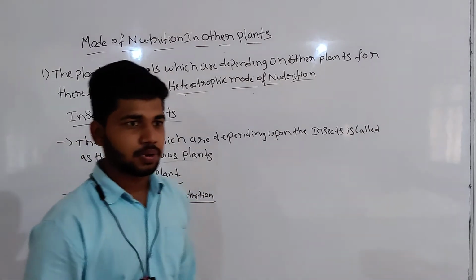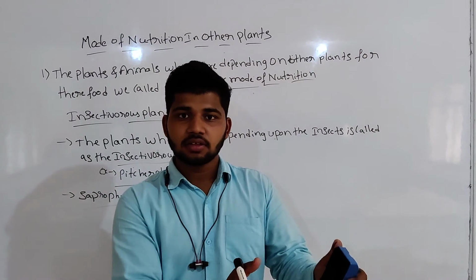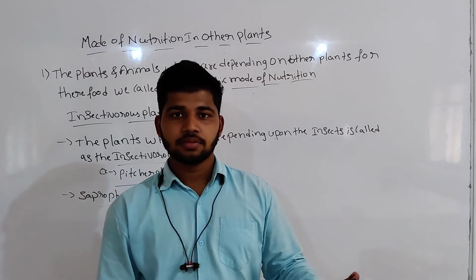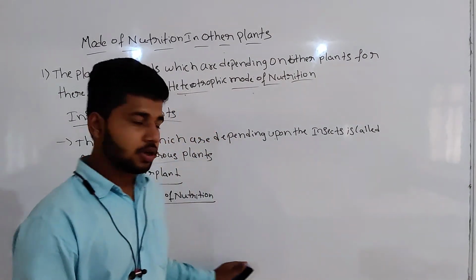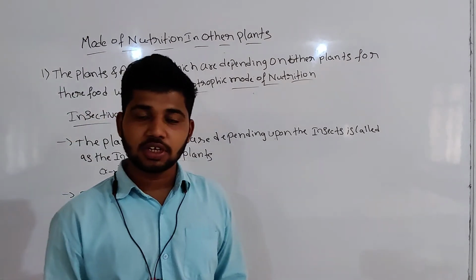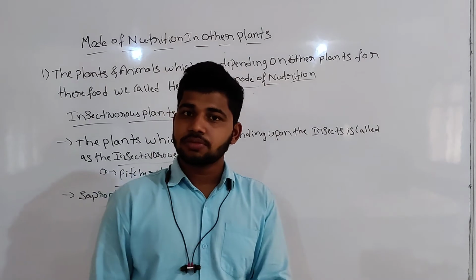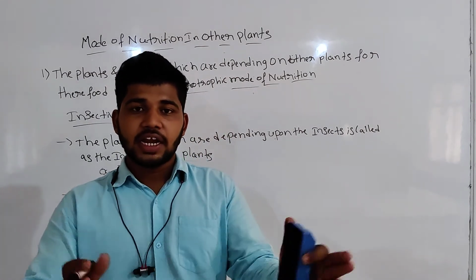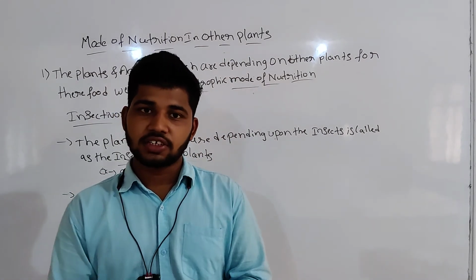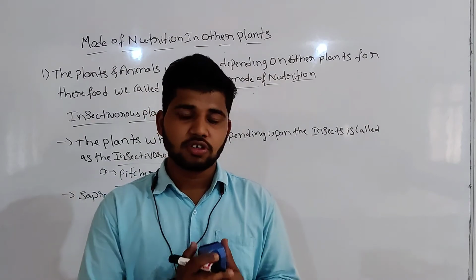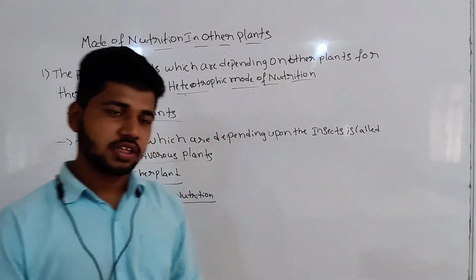You were already given the example that fungi eat dead and decayed matter. What is the definition of the saprophytic mode of nutrition? The organisms which depend upon dead and decayed matter follow the saprophytic mode of nutrition, and they are called saprophytes.